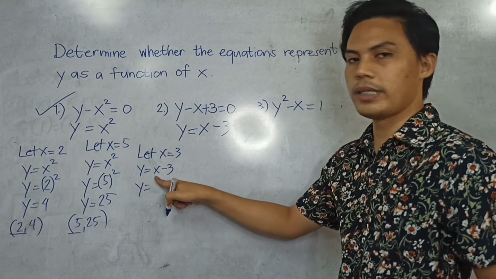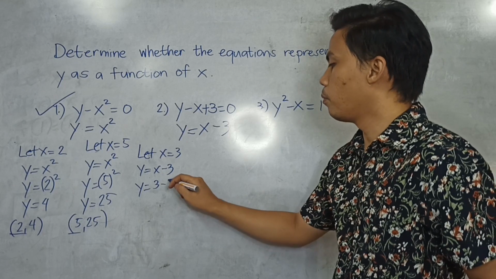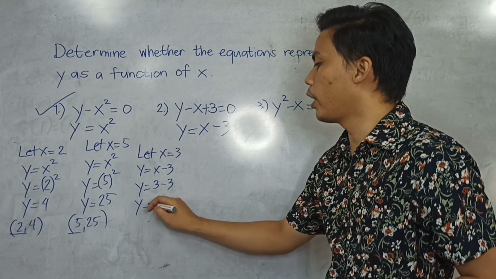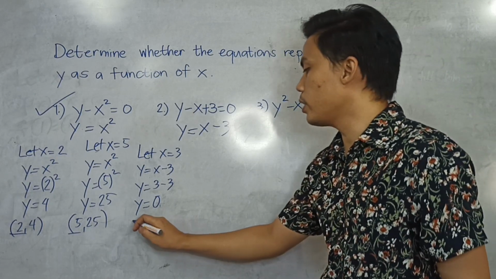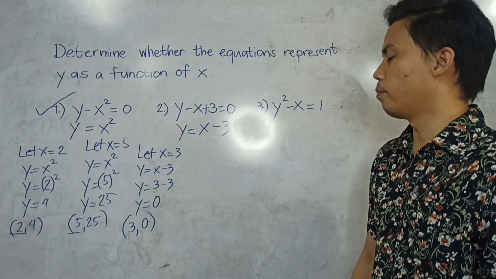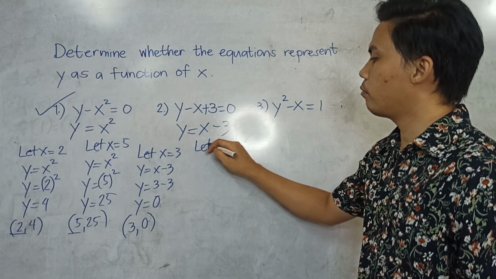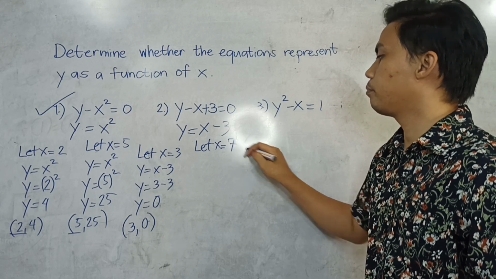Then, replace x with 3. So, this becomes 3 minus 3. Then, simplify 3 minus 3 is equal to 0. Therefore, the ordered pair is 3, 0. How about if we're going to let x is equal to, let us say, 7.